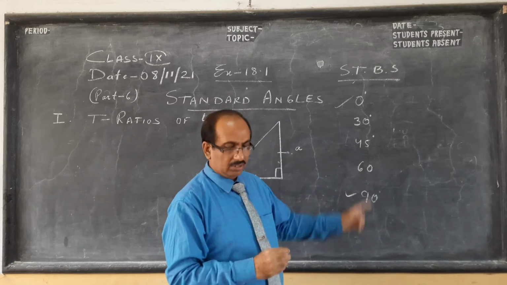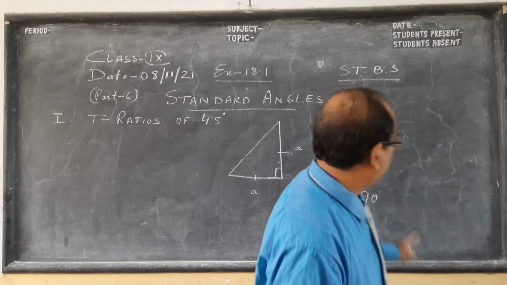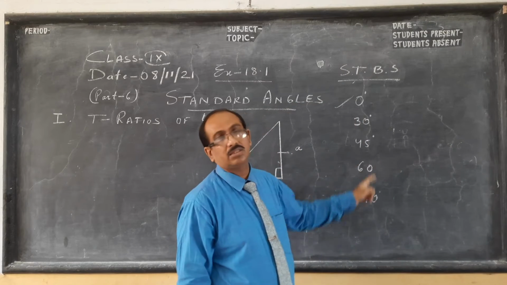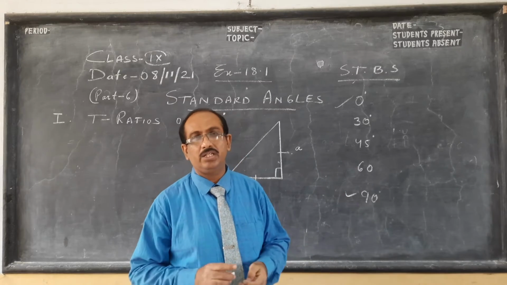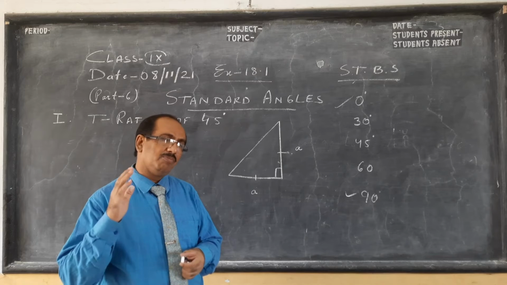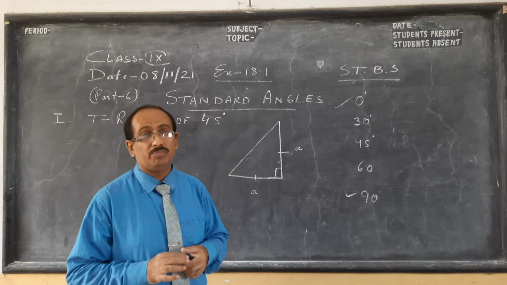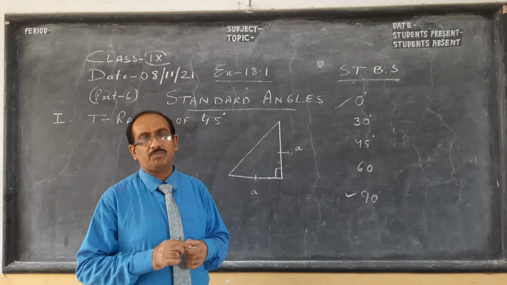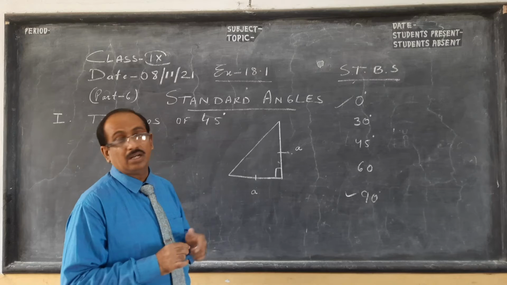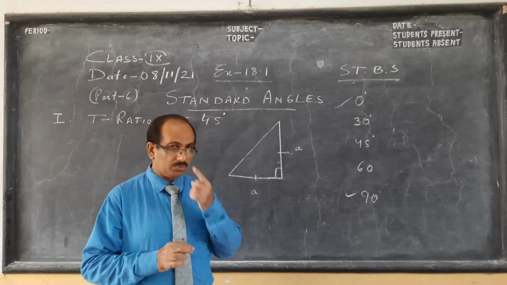First I am doing 45 degree, then we will do 30 and 60 degree, then last we'll go to 0 and 90, and finally today I'll give you one table which you must remember. There are many videos on YouTube, children, which will tell you how to remember, but my approach is different. I'll teach you how it comes. When you know how, then it will be easier for you to remember.